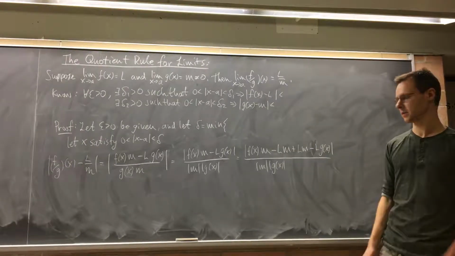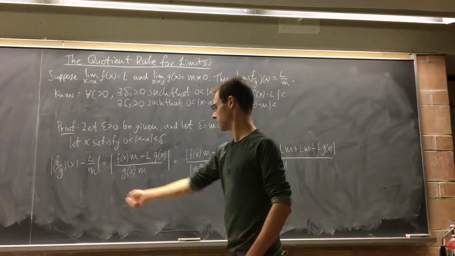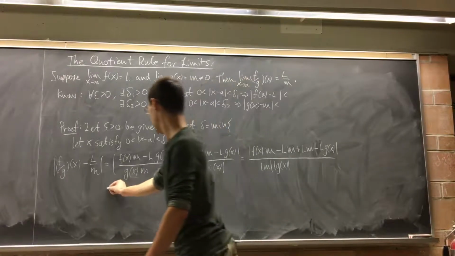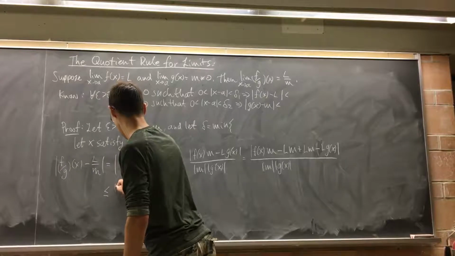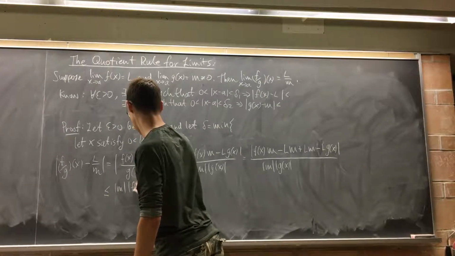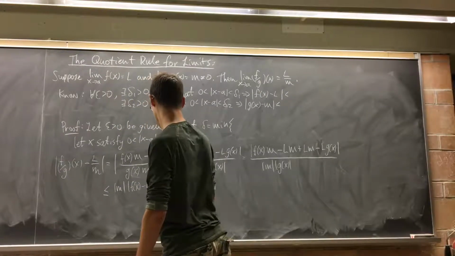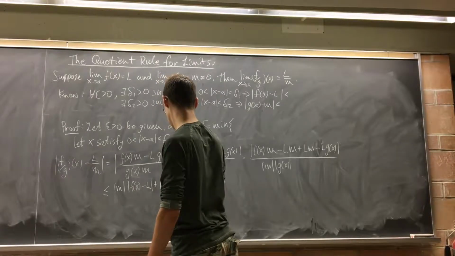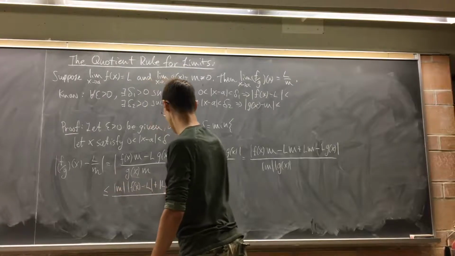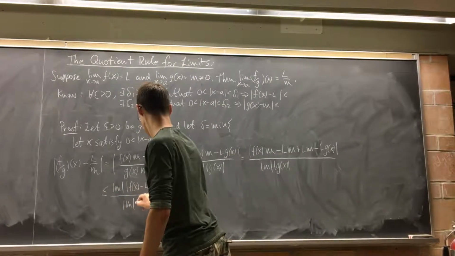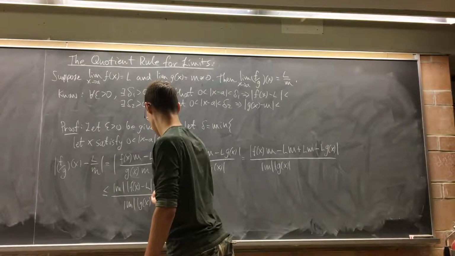Let's do that all in one step. We're going to do it here, since we're going to need the room. Less than or equal to abs m times abs f of x minus L plus abs L abs g of x minus m over abs m abs g of x.